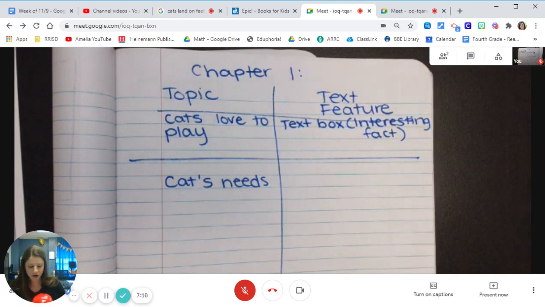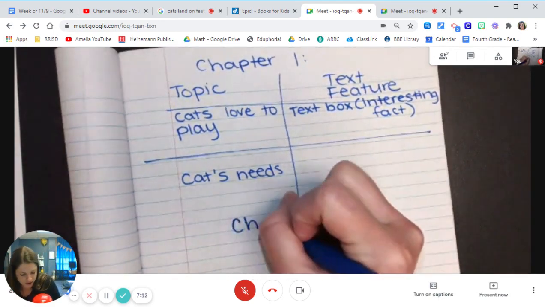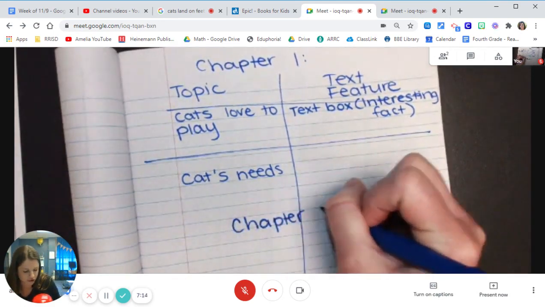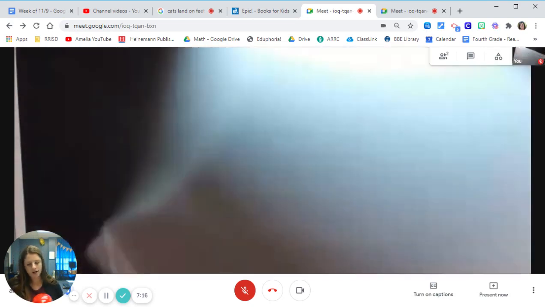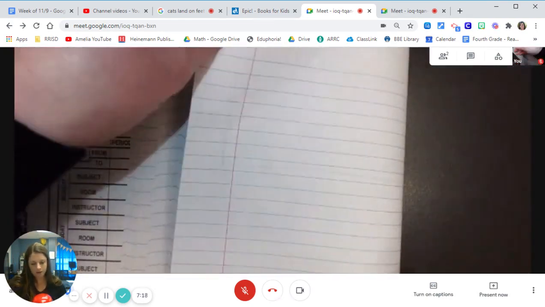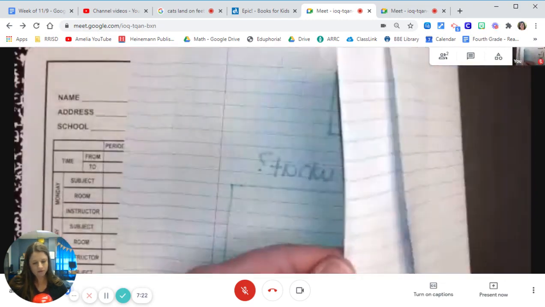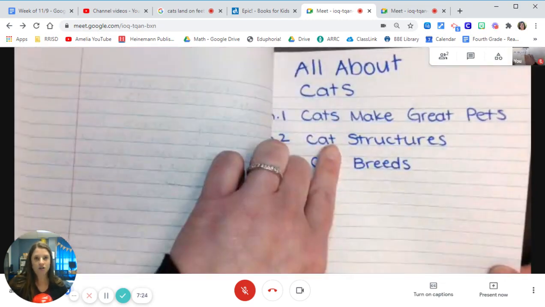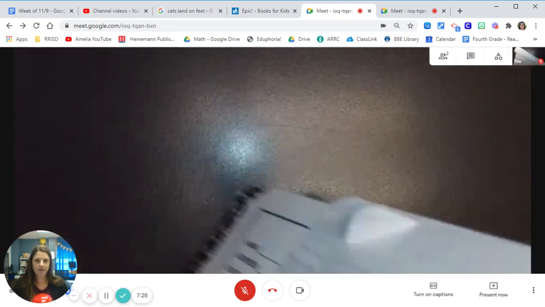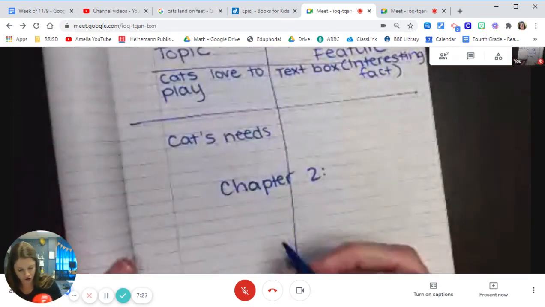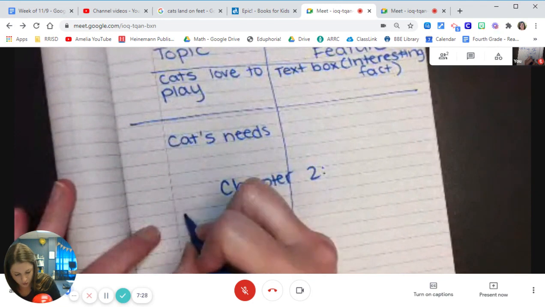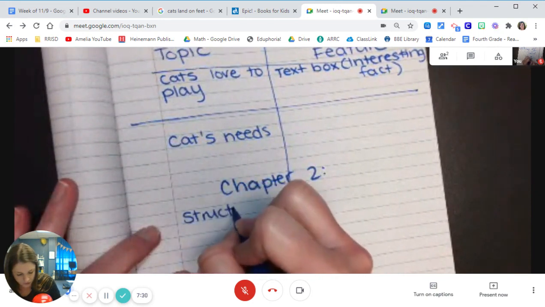But that actually might go with my next chapter, my chapter 2, which was all about cat structures. So as I write that, for chapter 2, my topic will be on the structure.